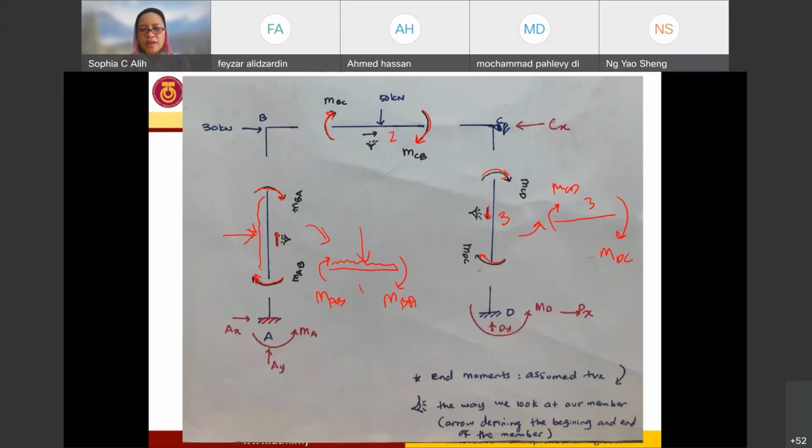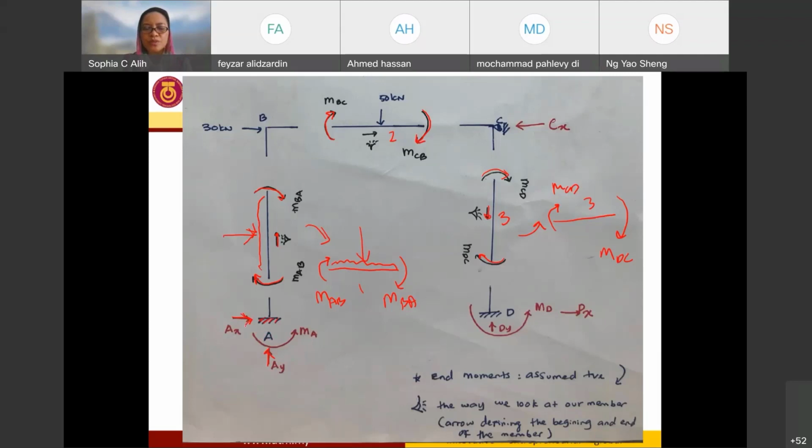So for support A, I will have a vertical force in my support, so I notate it as AY, and I also have a horizontal reaction, so I notate it as AX, and also I will have a moment, I notate it as MA.